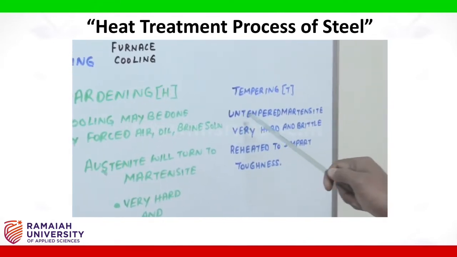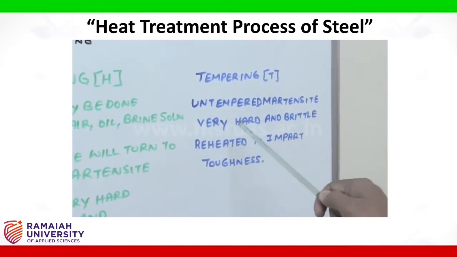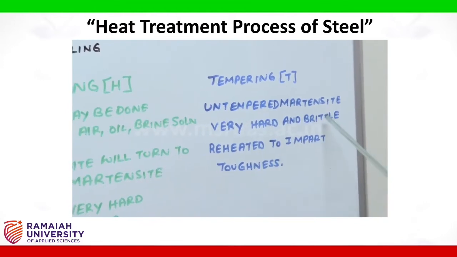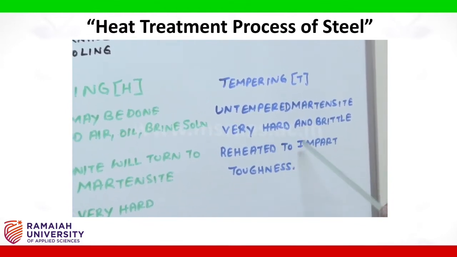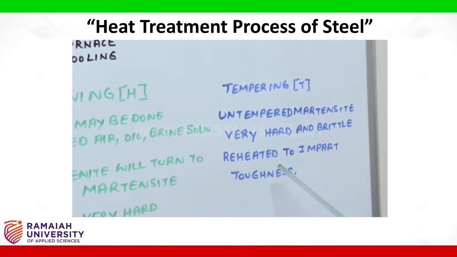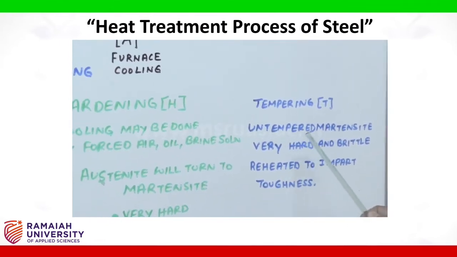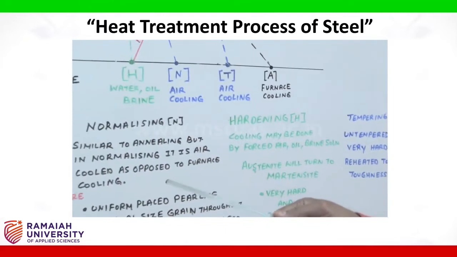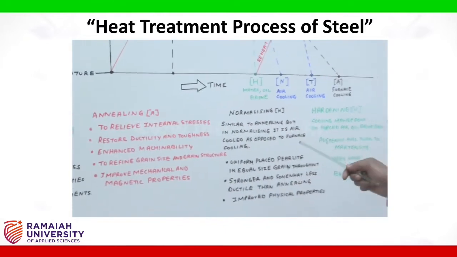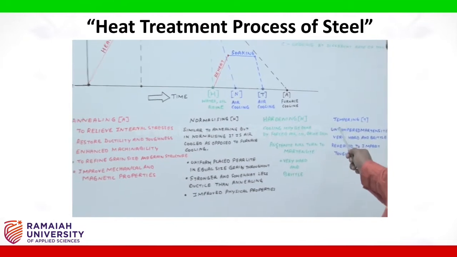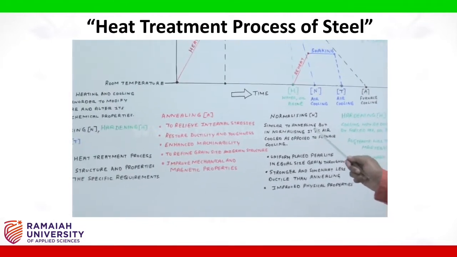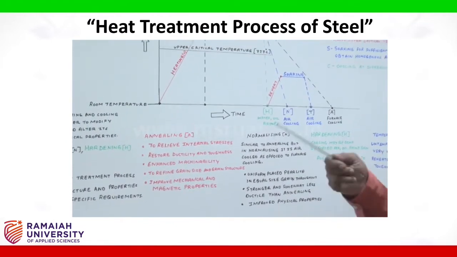In tempering, untempered martensite is very hard and brittle, so it is reheated to impart toughness in the material for certain applications. So these are the 4 heat treatment processes: annealing, normalizing, hardening, and tempering. Let us see how these processes work out on the furnace.